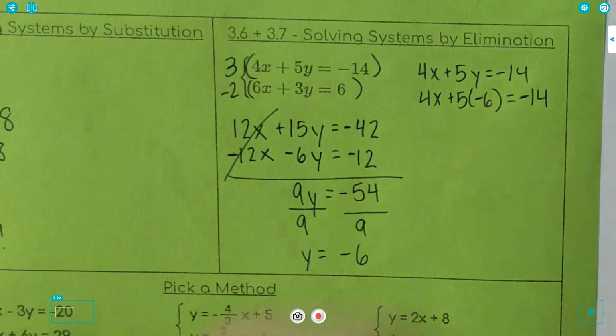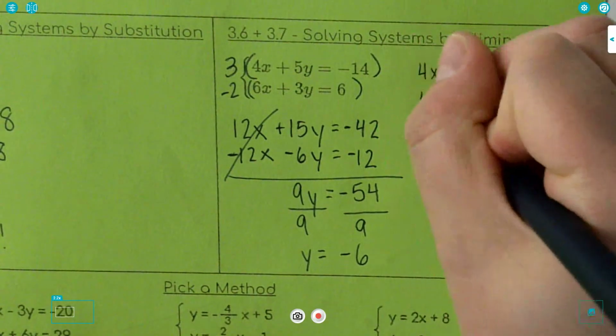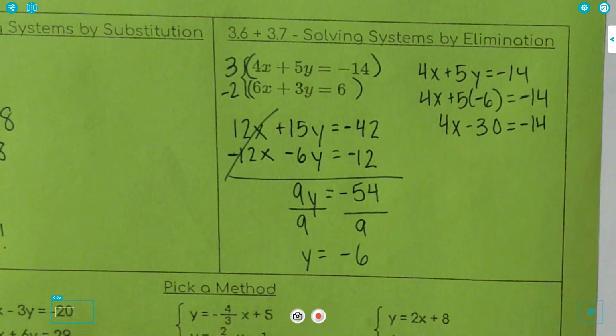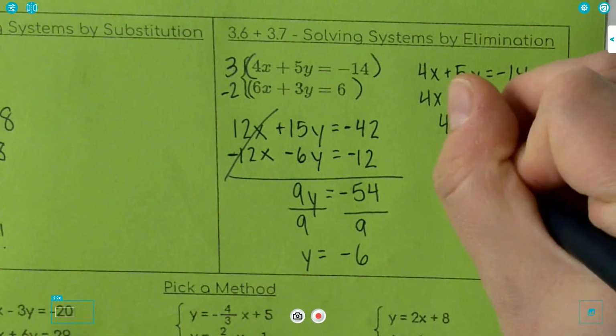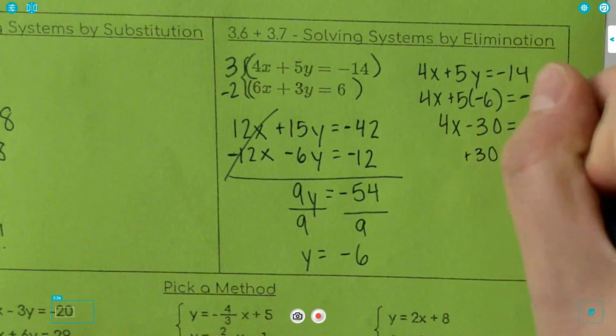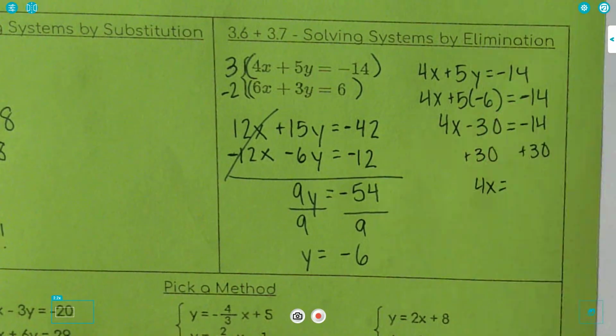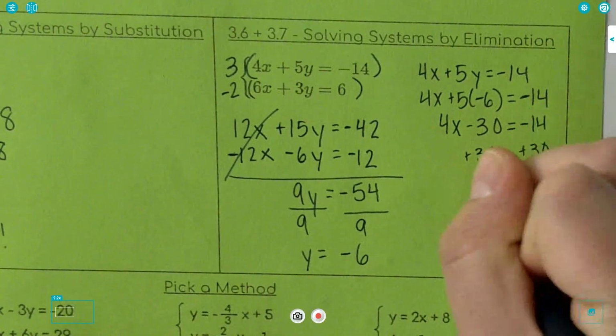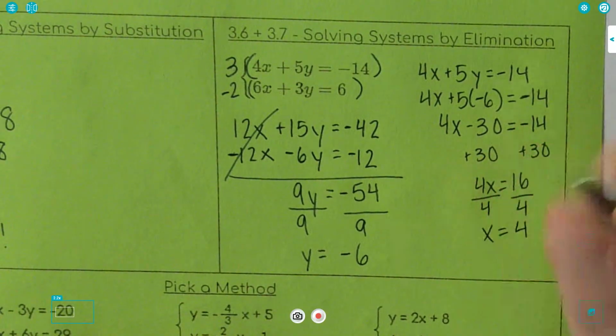5 times -6 is -30, so 4x minus 30 equals -14. We add 30 to both sides. 4x equals -14 plus 30, which is 16. And then we divide both sides by 4. We get x equals 4.